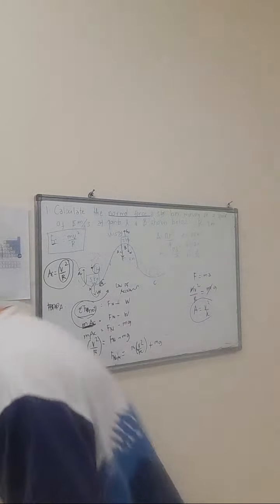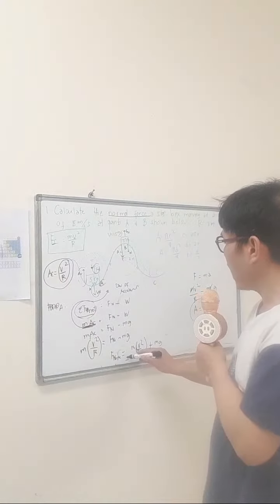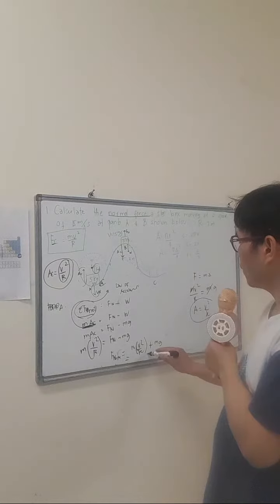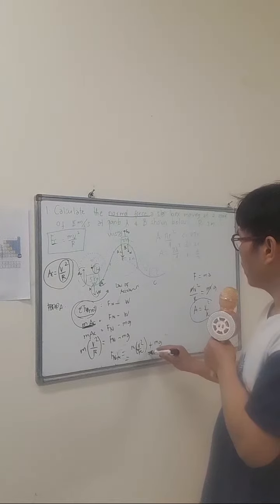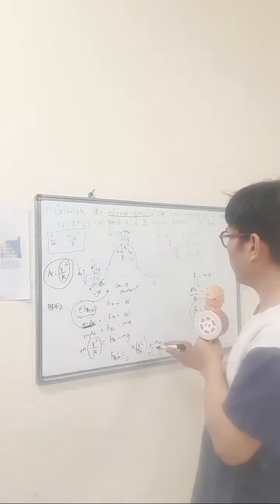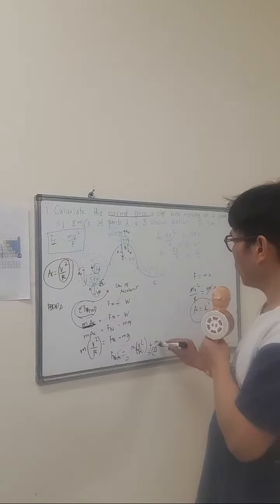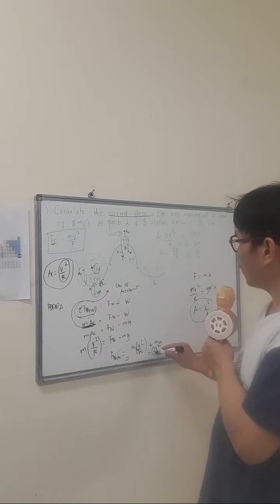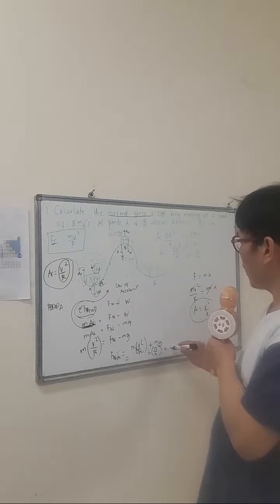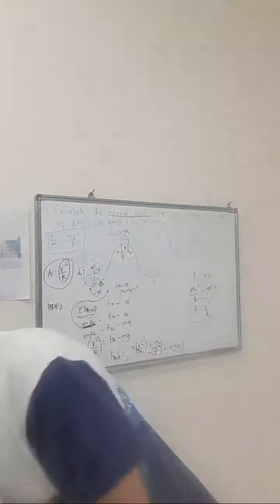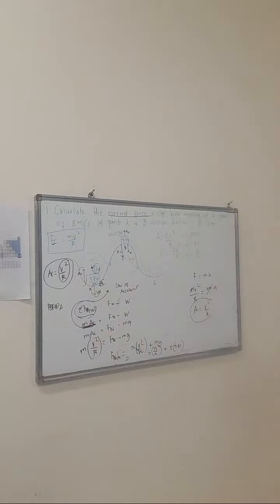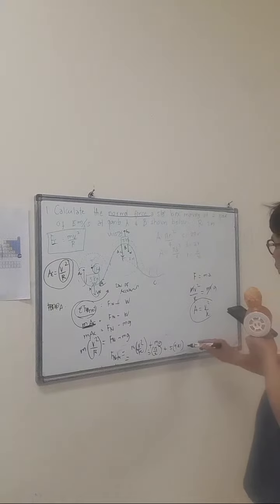Now, substitute values. Mass is equal to 5, speed is 15 meters per second raised to the power 2, and then radius is 2, plus 5 times acceleration due to gravity, 9.81. So 5 times 9.81 is equal to 49.05 here.